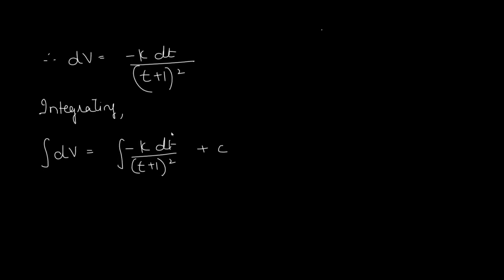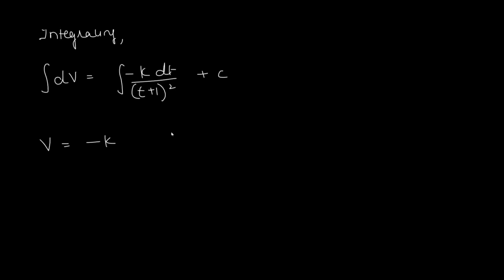Solving further, we know that integral dV is nothing but V. V is equal to, now the negative sign and k come out. We have integral dt upon (t plus 1) square, which we can write as (t plus 1) the whole raised to minus 2 dt plus c. Now you observe that this integral can be solved by using the formula for x raised to n.